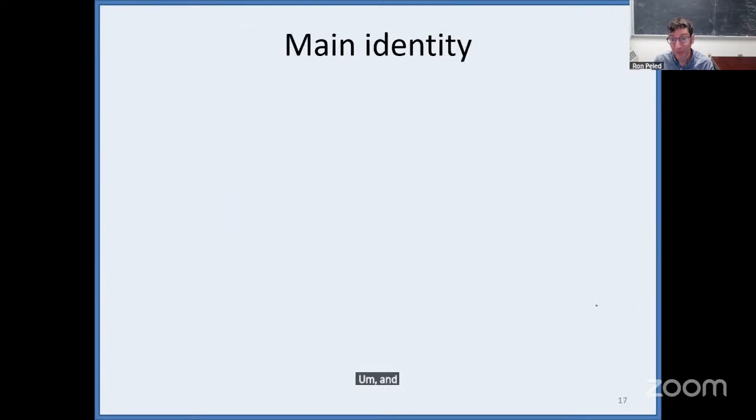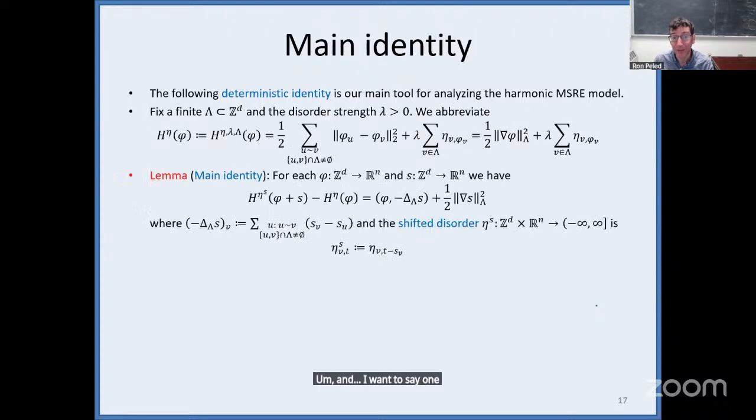And I want to say one word about the tool that allows all of that. The tool is the so-called main identity. We have this Hamiltonian, and the main identity discusses the following. Consider the surface that minimizes the Hamiltonian.